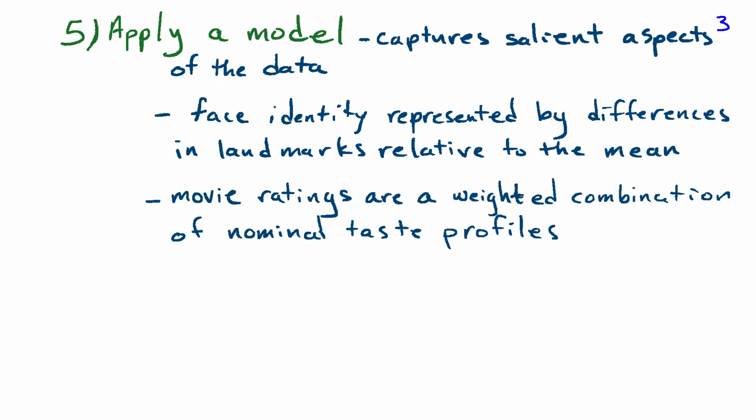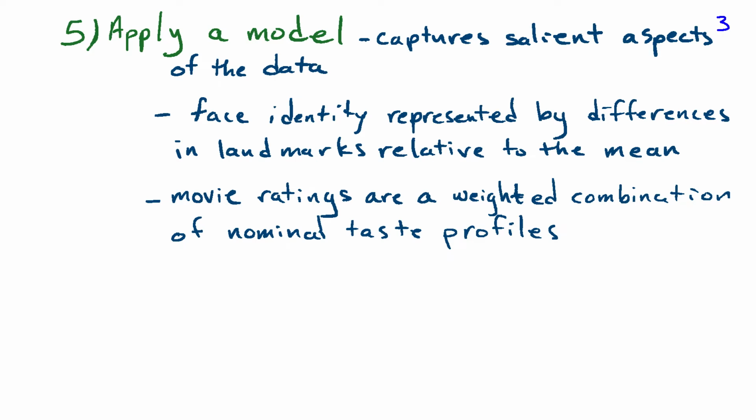Or if we're trying to predict movie ratings, one model would be to say that a person's ratings are a weighted combination of nominal taste profiles. And you could imagine that you have people who generally like science fiction, you have people that like romance novels, you have people that like action films.